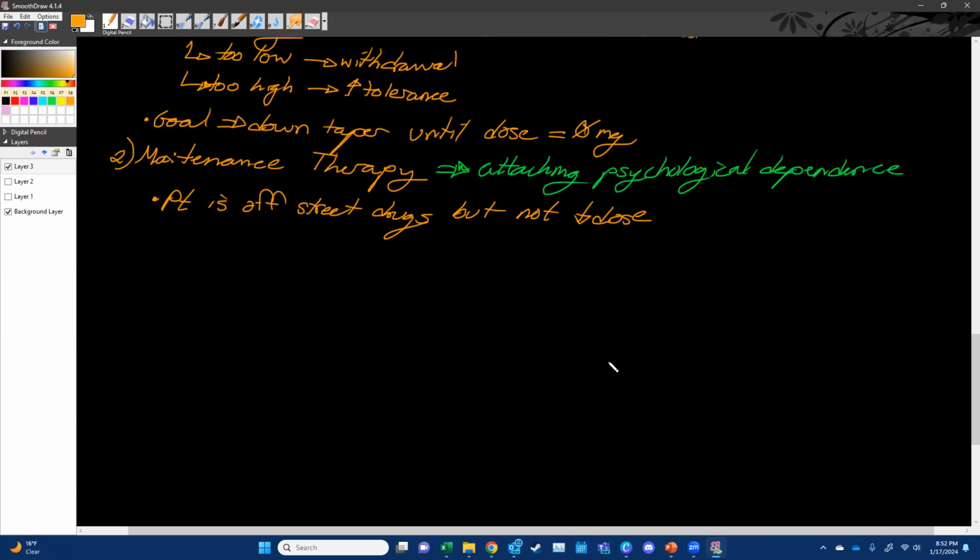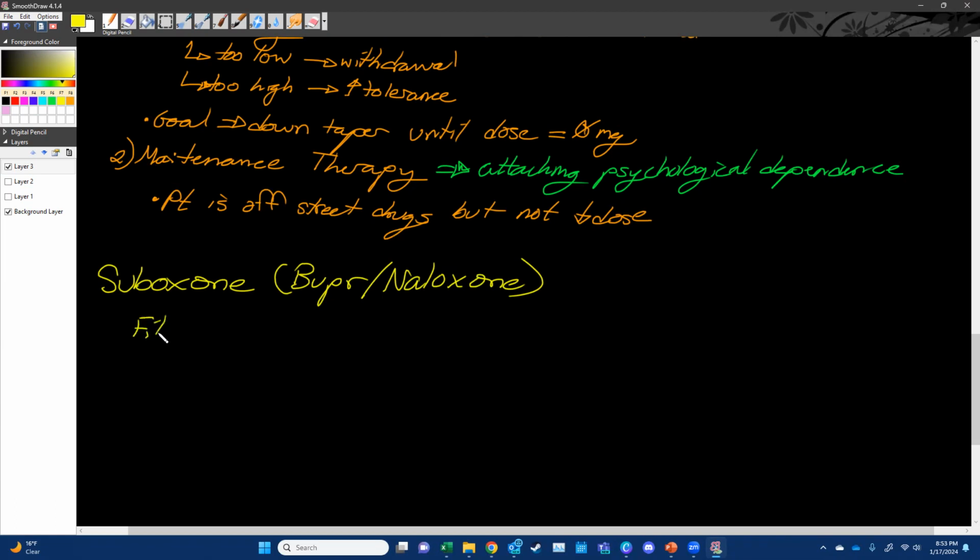One of the things that we should talk about though is Suboxone, because it's a unique formulation. What Suboxone is, it's a film that dissolves under the tongue.